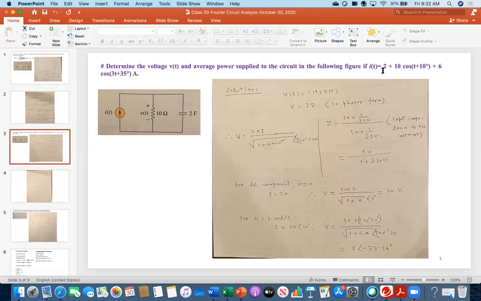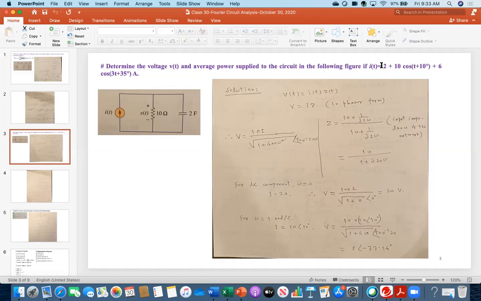Again, you see, this IT has a DC offset, DC current 2, and then there are two sinusoidal components. Both are cosine, but the difference is that t means omega t. So omega is 1 here. But for the next one you see 3t, which means omega is 3. So this time you have to solve this one three times.